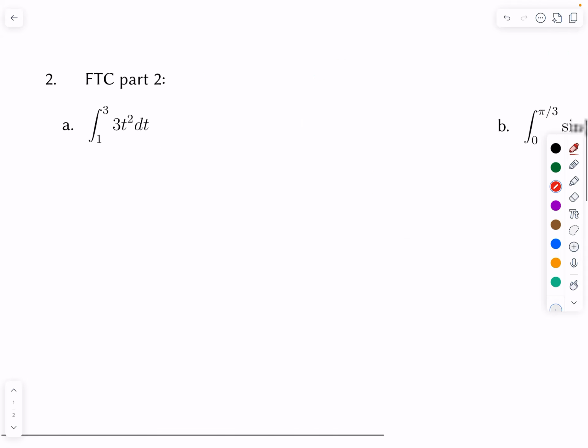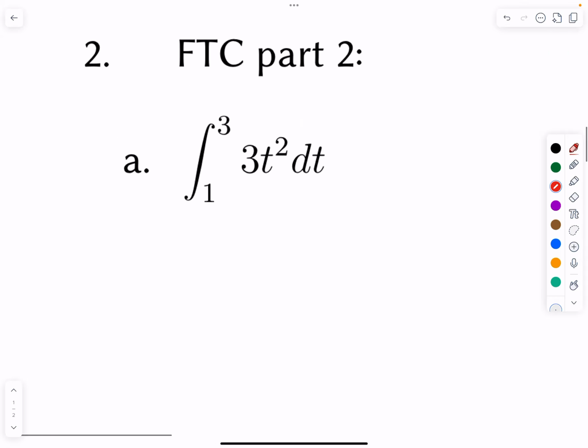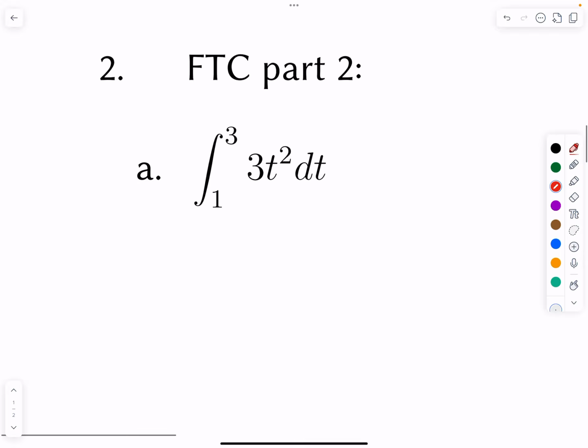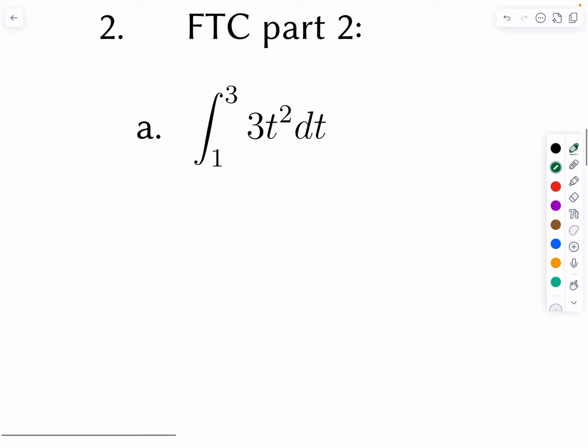Okay, fundamental theorem part 2. It basically says that the area under a curve is equal to the integral. That's all it is. And so essentially what you're going to do is you're going to actually just compute this antiderivative. The area under the curve, you can compute that by using the antiderivative. That's what fundamental theorem part 2 says.